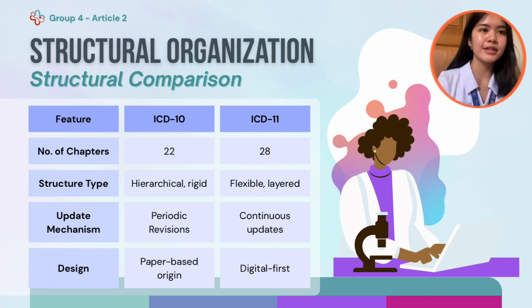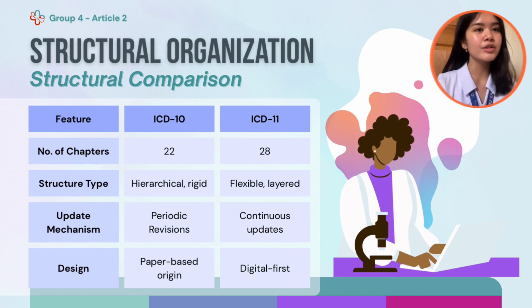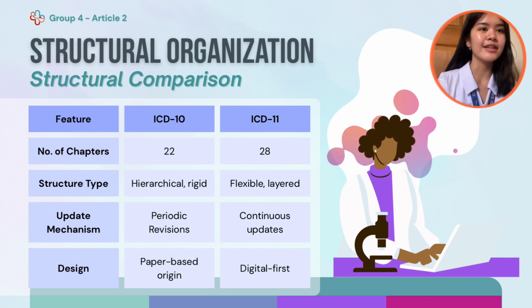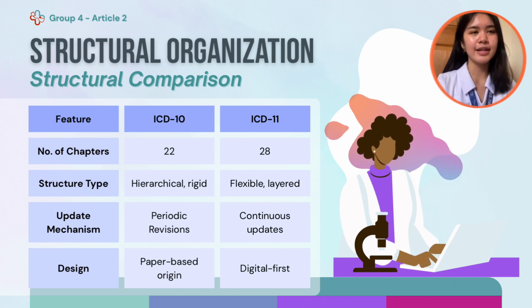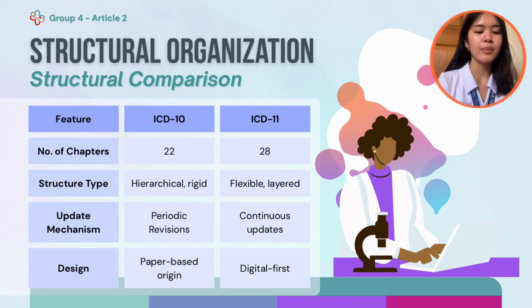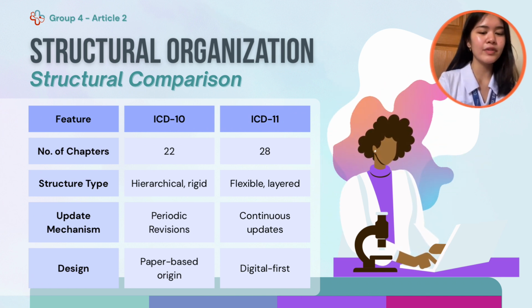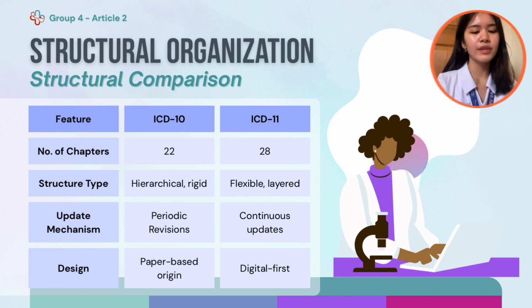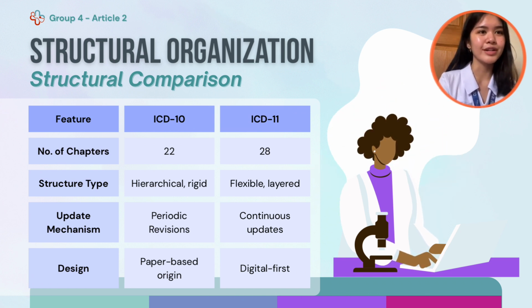The update mechanism for ICD-10 is periodic revisions, and in contrast, ICD-11 has continuous updates. As for the design, ICD-10 is of paper-based origin, meanwhile ICD-11 prioritizes a digital-first system. ICD-11 introduces a more flexible foundation that allows easier expansion and modification.